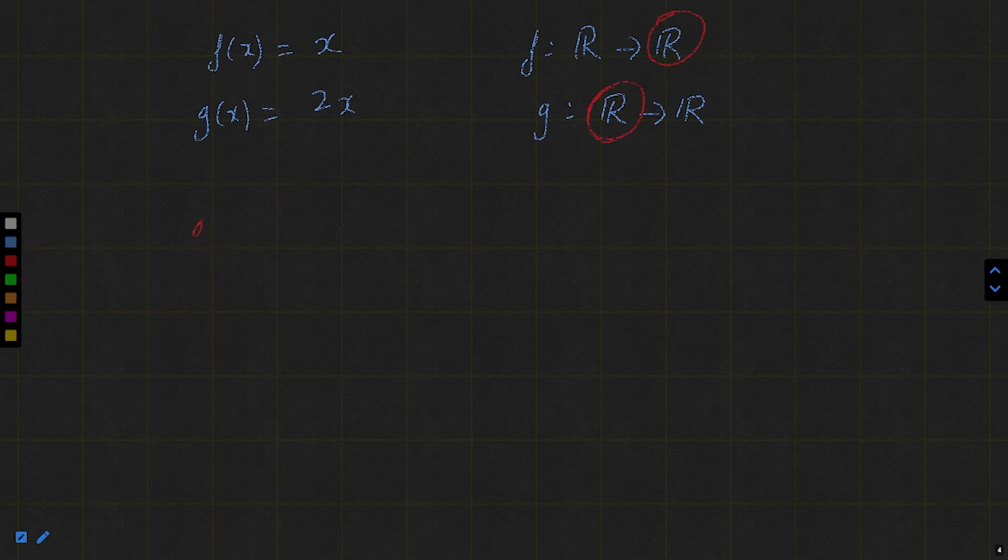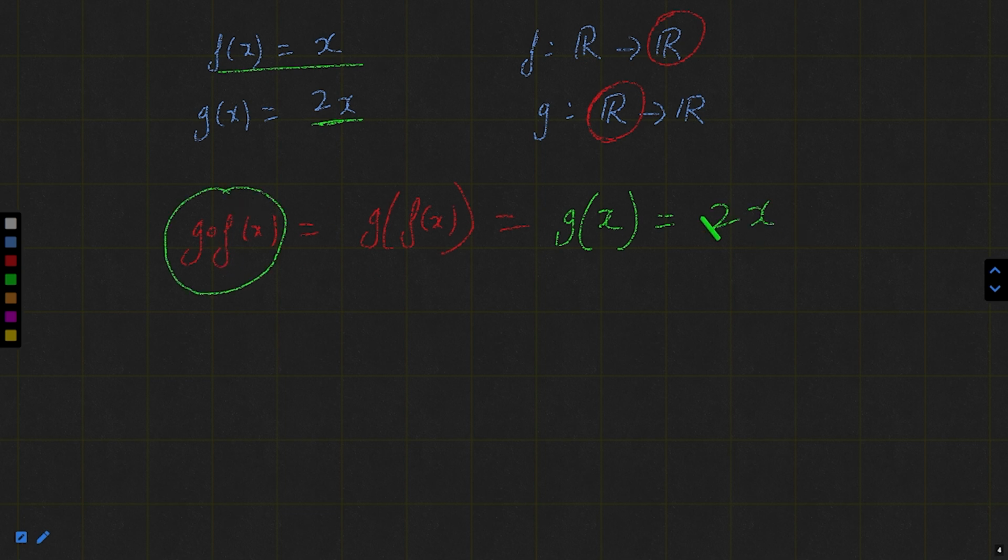So this means g of f of x will be equal to g of f of x. And you know what is f of x? We know f of x is equal to x. So I can write just x over here. And now g of x is 2x. So my g of f of x will be equal to 2x.